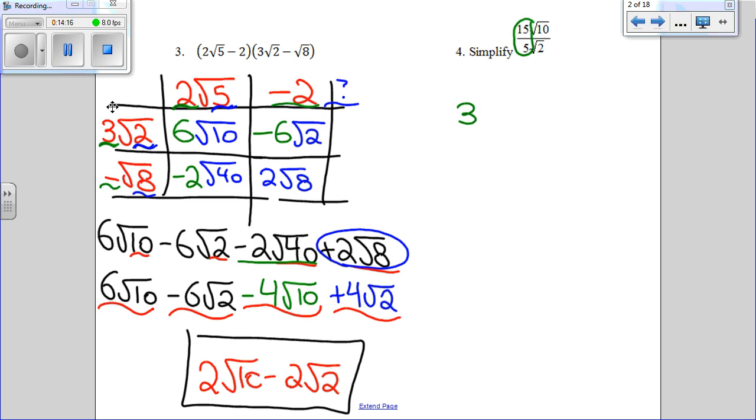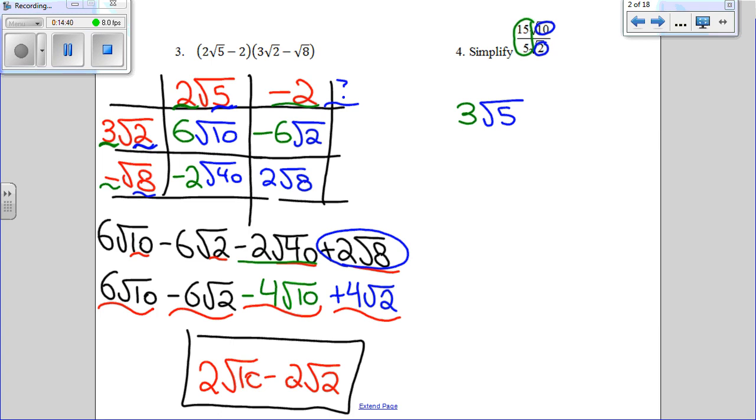The next thing, and the trick that's really useful, is recognizing if all your radicands can be divided by something. In this case, I have root 10 and root 2. So what can both of those be divided by? 2. 10 divided by 2 would give me root 5. 2 divided by 2 at the bottom would be root 1. We don't need to write out root 1.